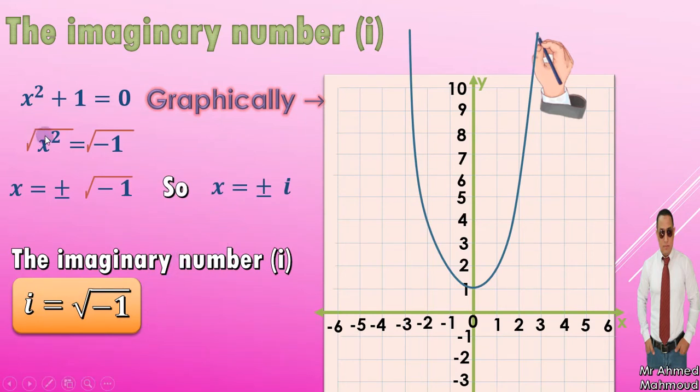This equation in R has no solutions, and before we used to write the solution set for this equation as phi.